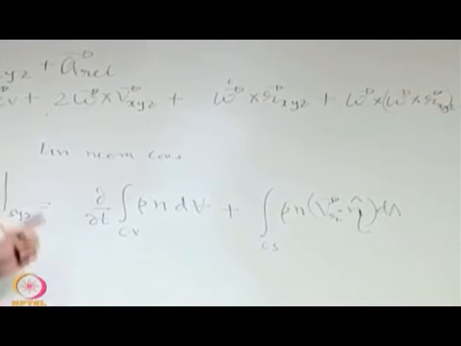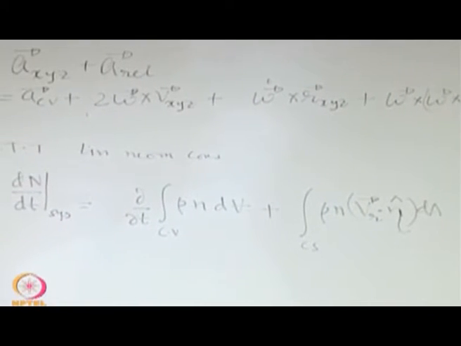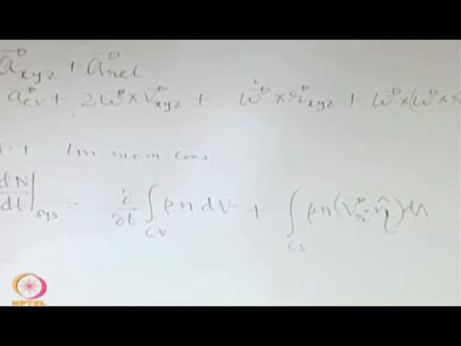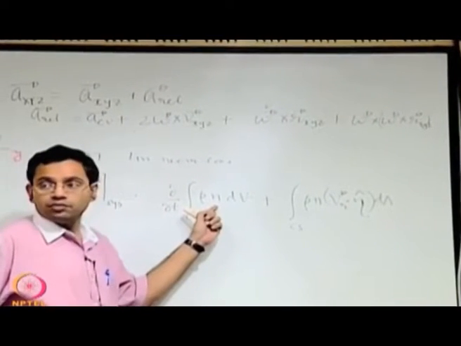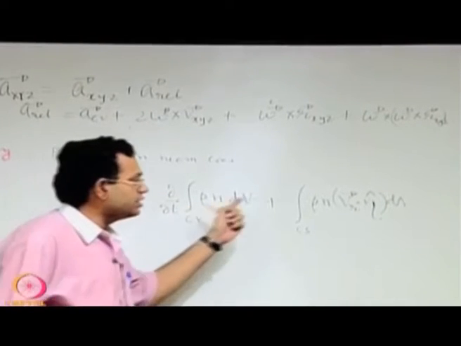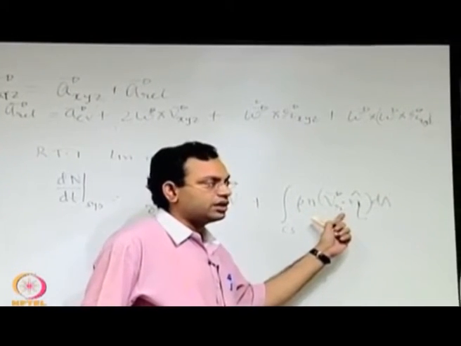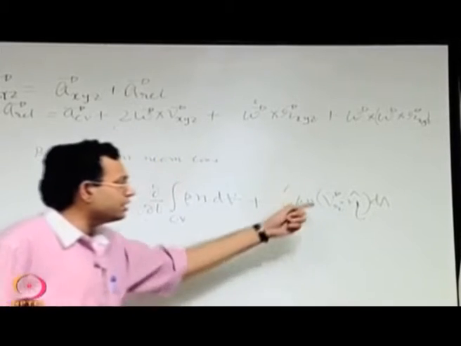We recall that capital N is the quantity that we are interested to conserve. It may be a scalar, it may be a vector. Small n is capital N per unit mass, and this eta is the unit vector normal to the area, that elemental area that is considered for writing the area flux term.